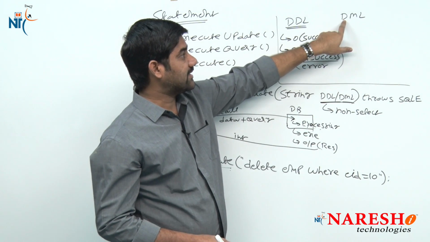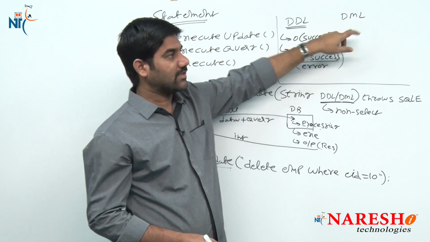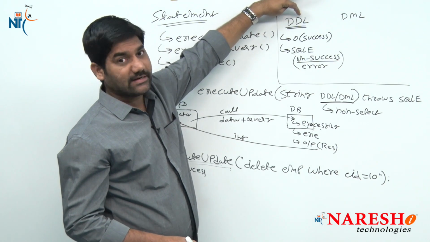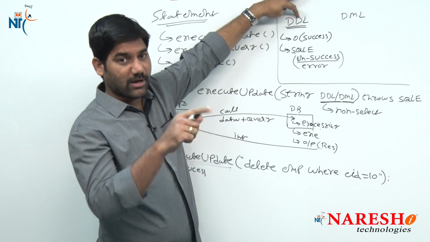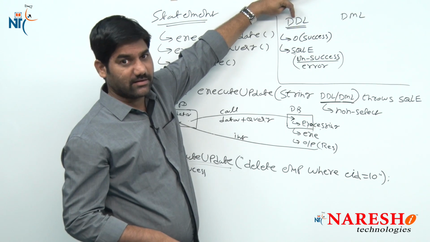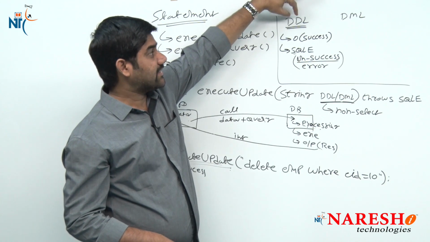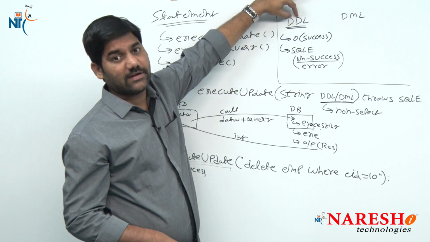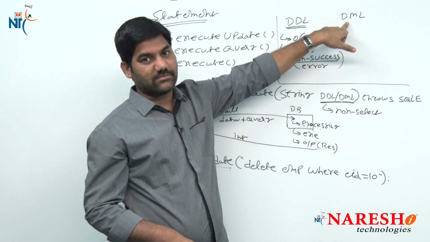That is why we call it data manipulation. It does not belong to structures. And data definition is where the memory blocks in which data is stored are defined and managed. So, these are the database object level queries and these are the database data level queries.